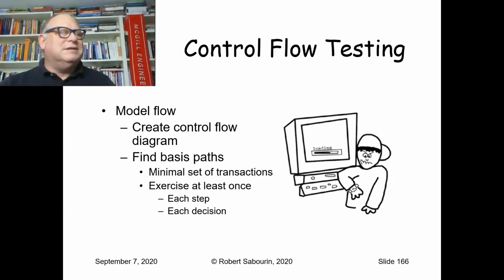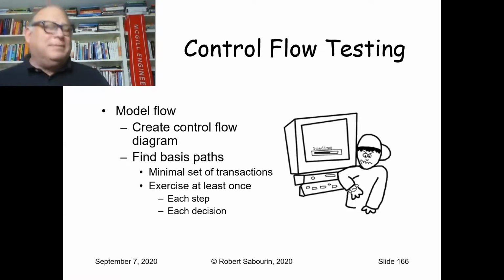And basically, McCabe studied directed graphs, usually ones that represented code, and he found an interesting set of paths called the basis paths. It's a subset of all the pathways through the system such that if you exercise the set of basis paths, you will have exercised each step at least once, each decision outcome, every way it can go at least once, and you can have confidence that any path can be created by a linear combination of the paths that you've tested.